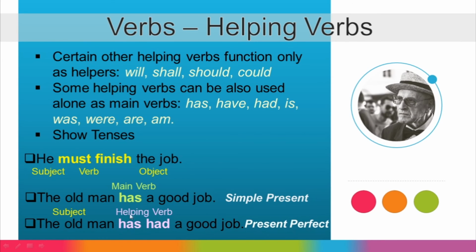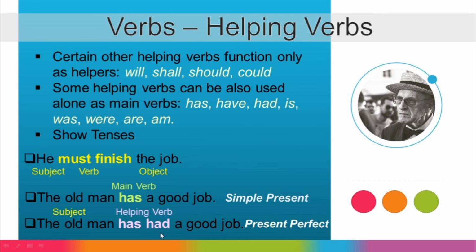So has as a helping verb is here because it shows the tense for present perfect. If you remember your lessons about tenses, perfect tenses always require has or have in front of the main verb. In this case, although you might think that these are doubles, has in the verb 1 form is there because it is a helping verb for a present perfect tense.